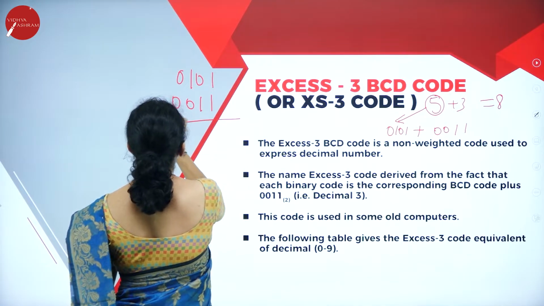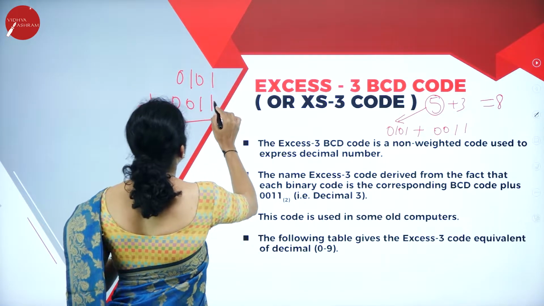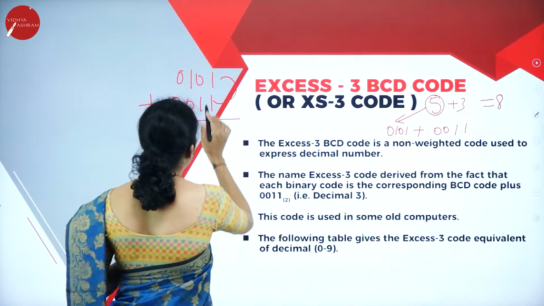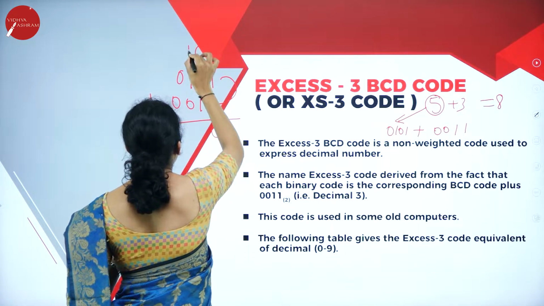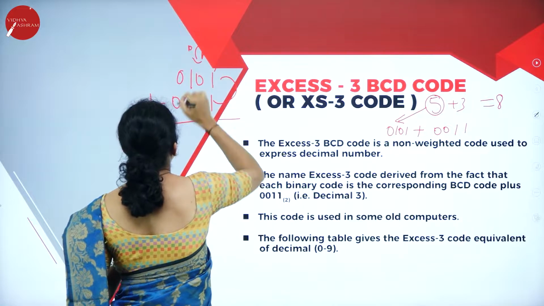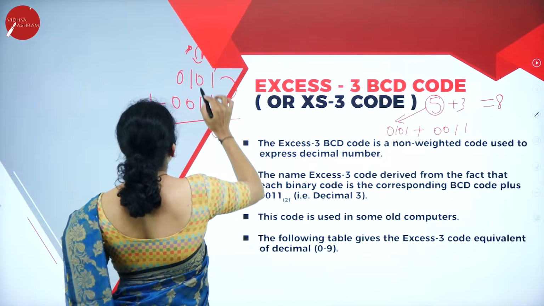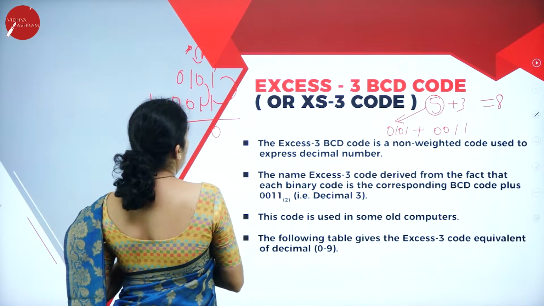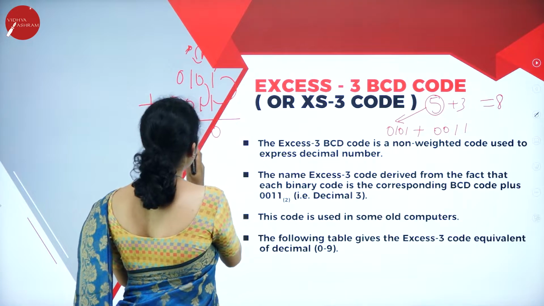Now I'm going to perform binary addition. So 1 plus 1, I get the sum 0, and 1 is carry. Now I add 1 plus 0 plus 1, that is 1, 0.